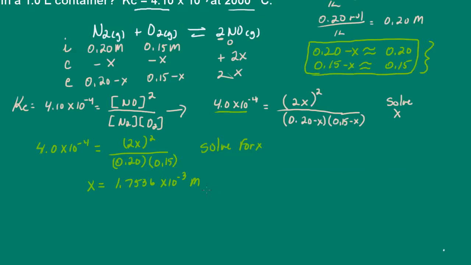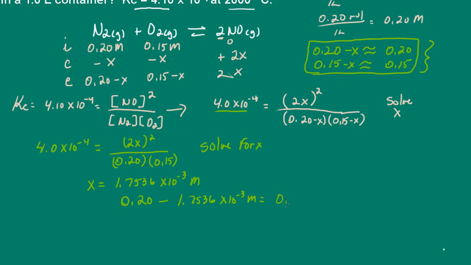So let's see, we have 0.2 minus X, which is 0.2 minus 1.7536 times 10 to the negative 3 molar. And that works out to be 0.198, which is 0.2 molar. So this assumption checks out.